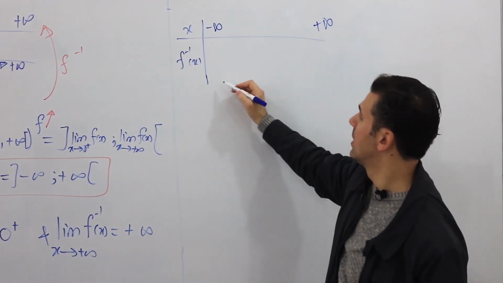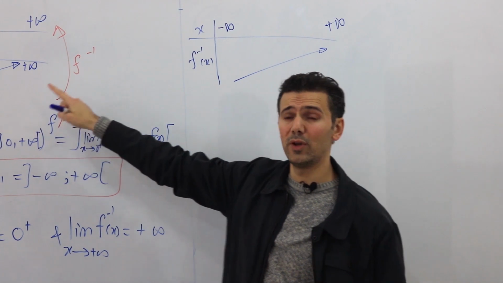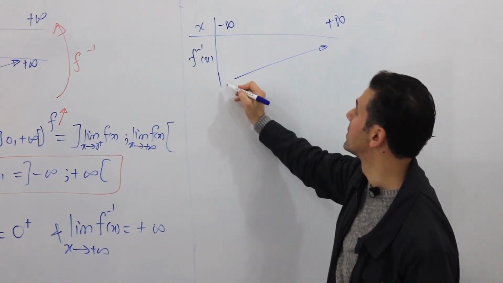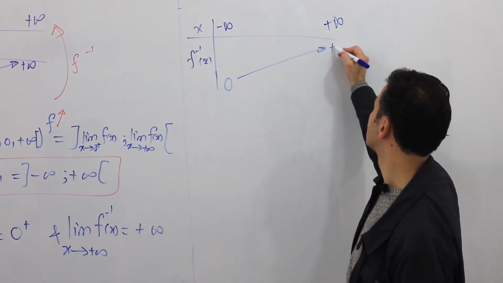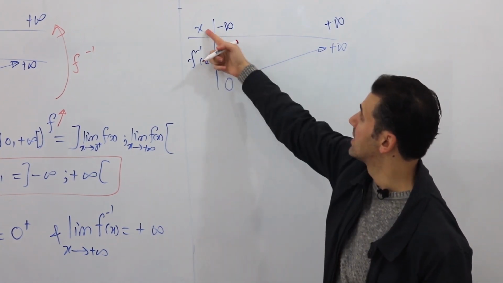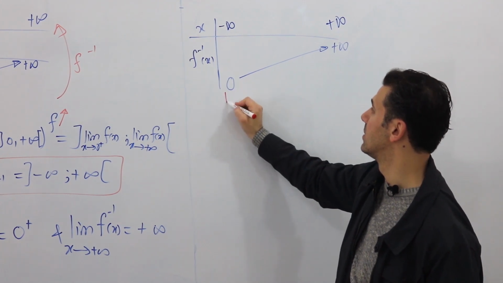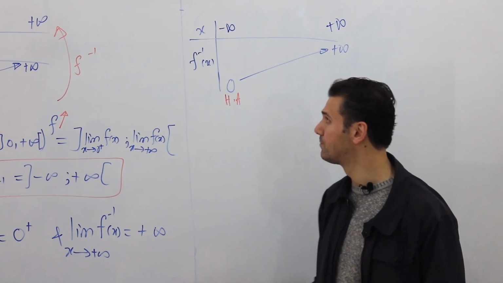By this, as f itself is increasing, we know that they have the same sense of variation. Thus, f inverse will be from the limit 0 till plus infinity. And as you know, here we have limit as x tends to negative infinity, f inverse tends to 0. This will be a horizontal asymptote for the curve of f inverse.